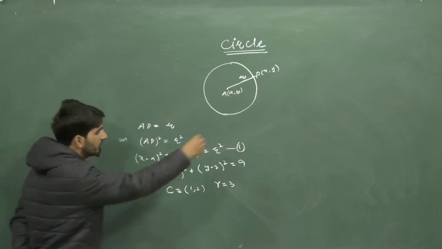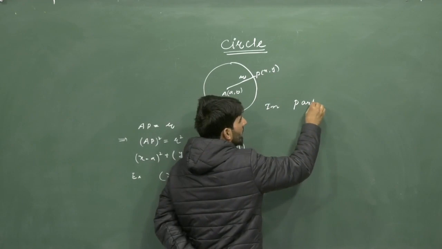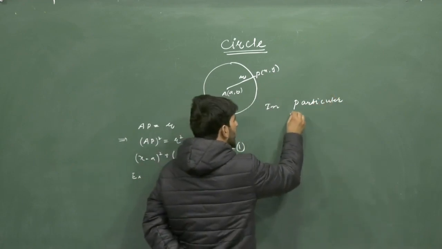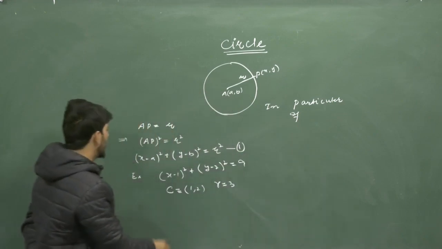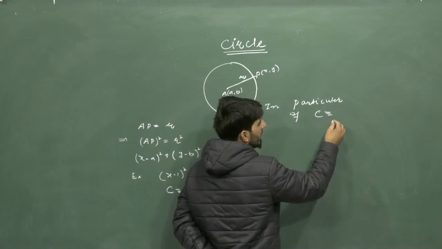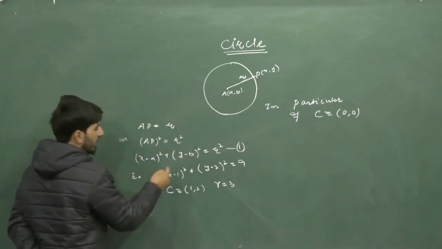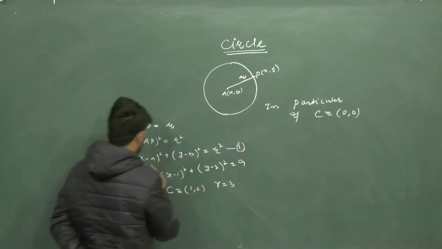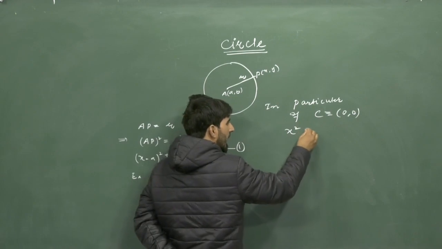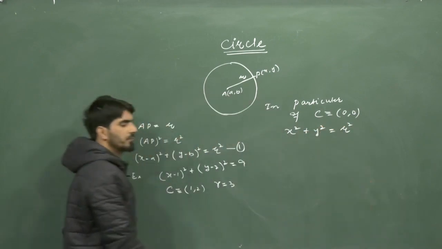In particular, if center is 0, 0, then putting it in this equation we get x square plus y square is equal to r square.